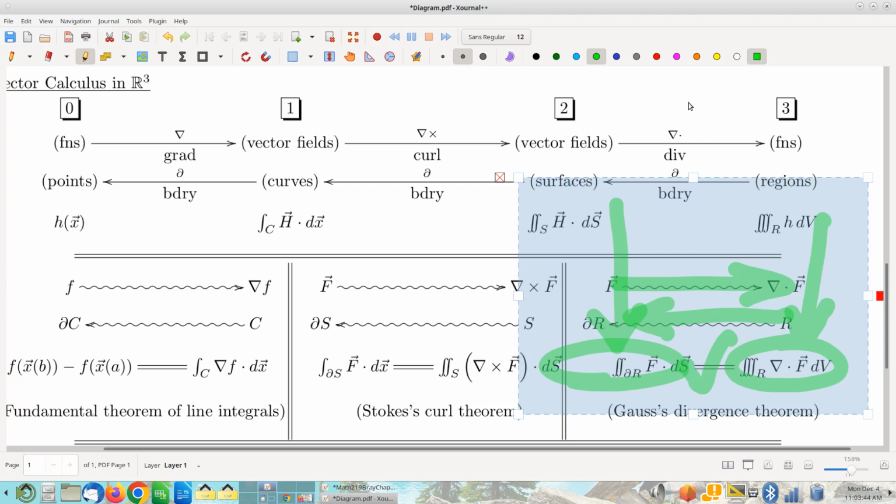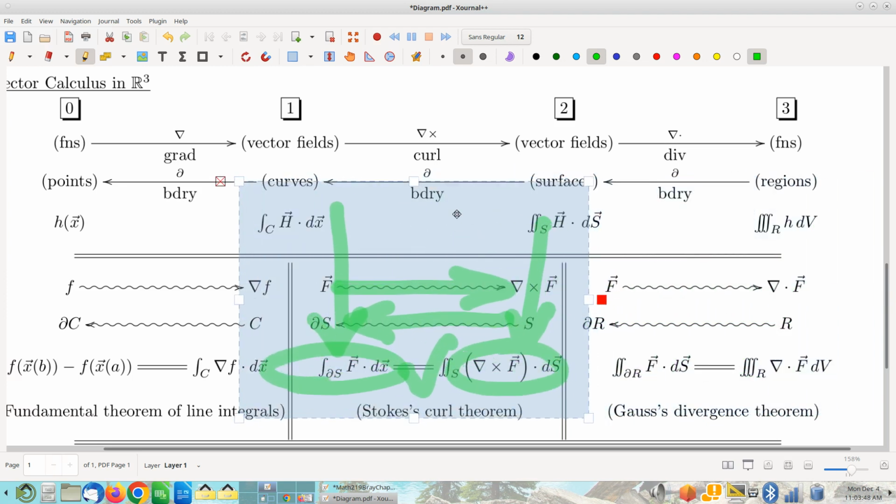It's the exact same pattern. And likewise for Stokes's curl theorem, same exact pattern. So this is super useful for students learning the material because you don't have to memorize 3 separate theorems. You have to know the pattern. Right? If you have this diagram in your mind, then simply understanding the pattern will allow you to have all 3 of the theorems memorized. So I think that's pretty cool.